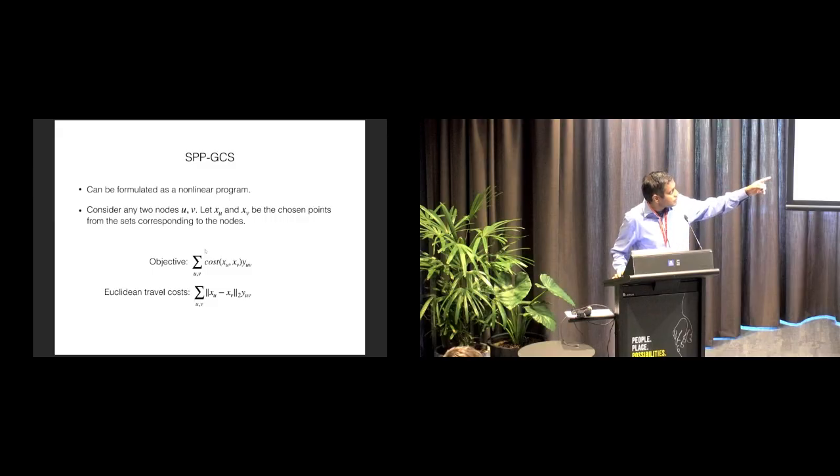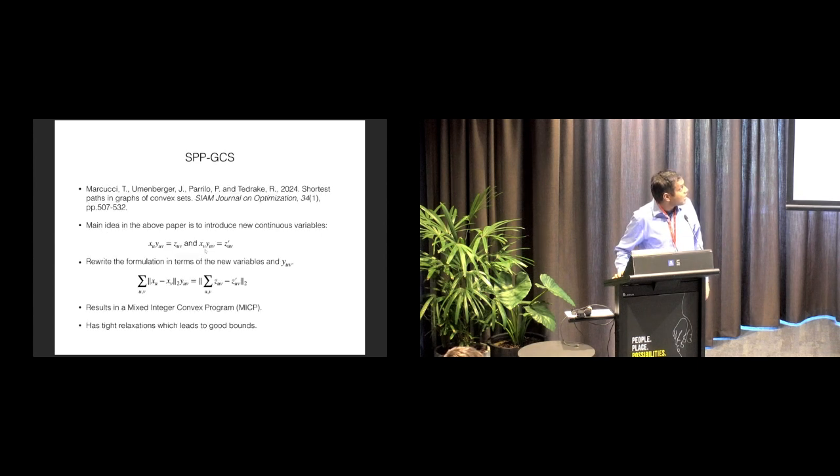The objective, the cost of traveling, is the cost of traveling between xu and xv, and your yuv variable tells you whether you're actually traveling from set u to set v. So you have a combination of both continuous and discrete variables, and if you choose the Euclidean traveling cost, this is what your objective function turns out to be. It's a product of continuous and discrete variables.